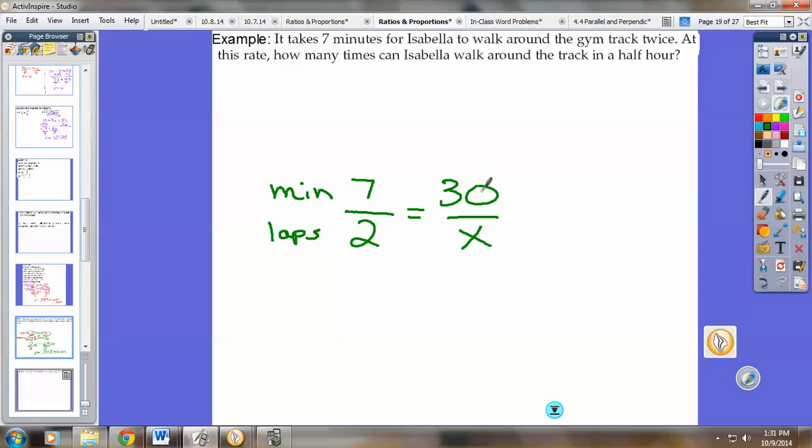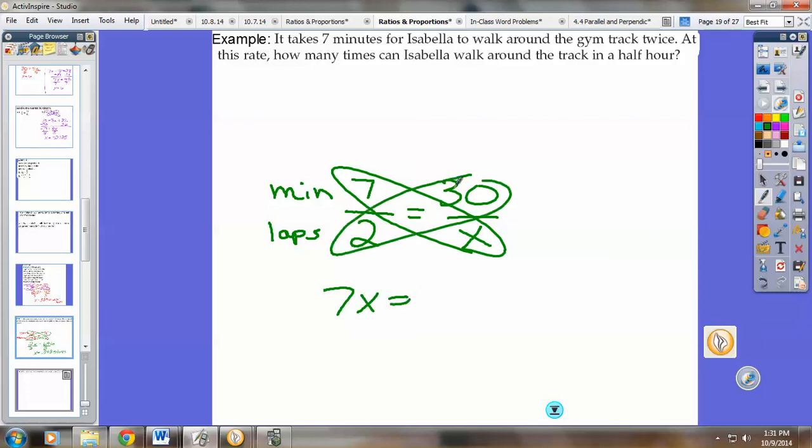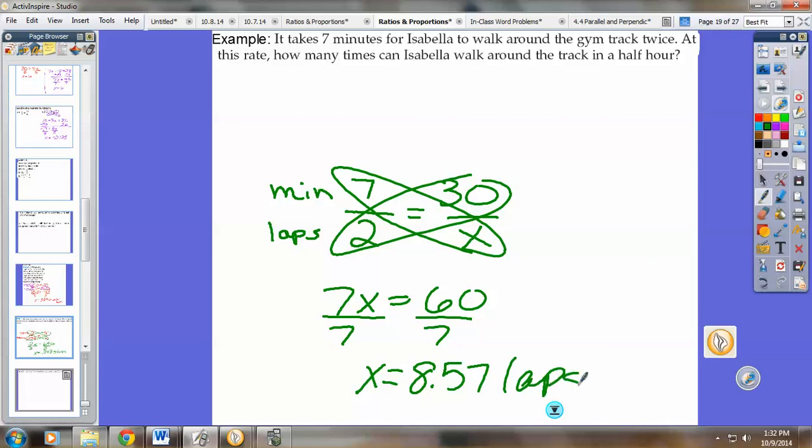Cross multiply to solve. 7 times x, 7x, and 2 times 30, 60, divided by 7. 60 divided by 7 is 8.57. 8.57 what? Laps. As far as rounding is concerned, the directions will tell you where to round. Make sure you are looking for those directions on your homework.